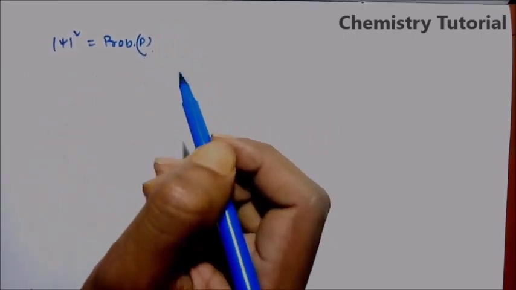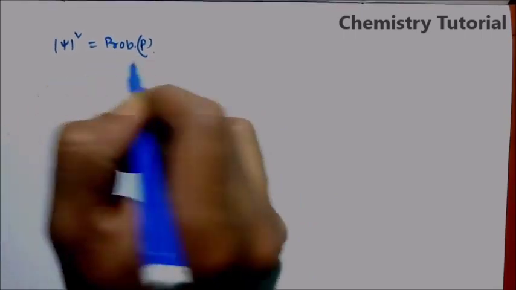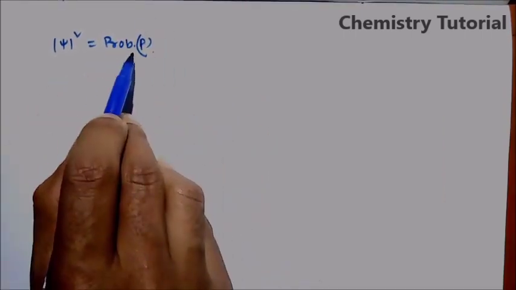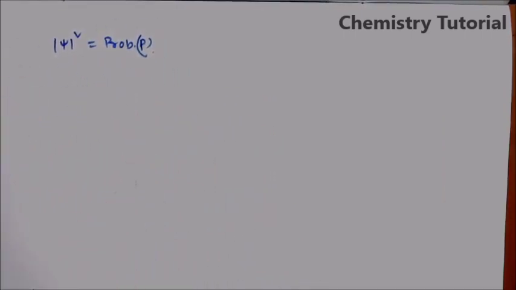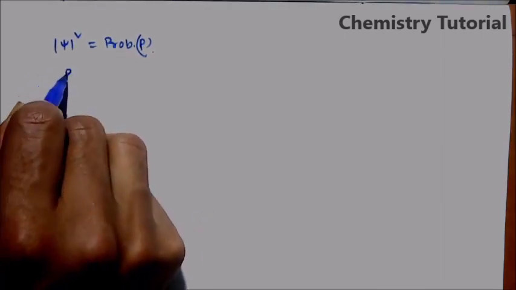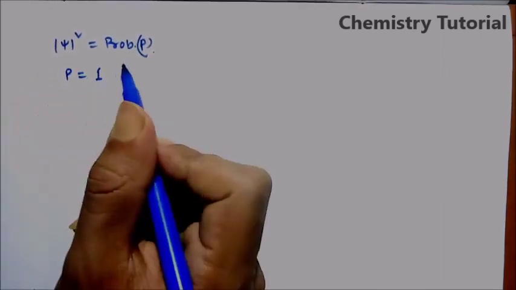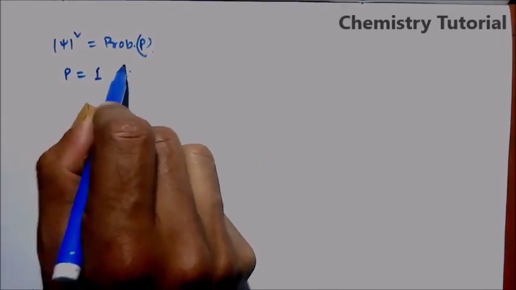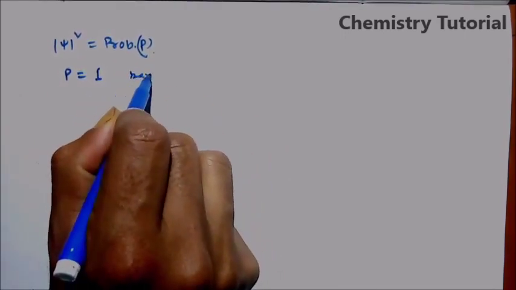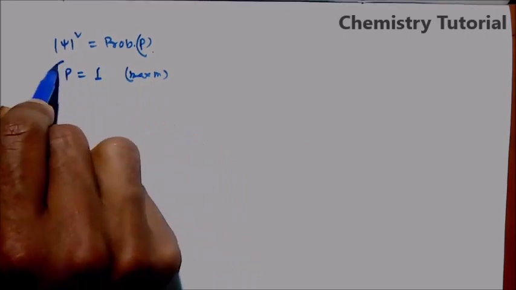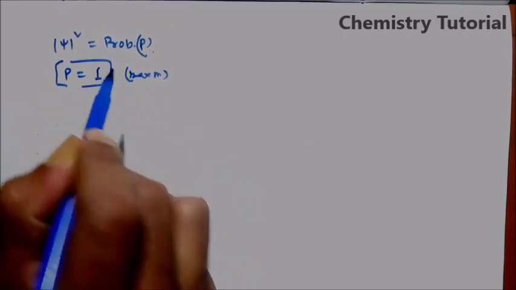This probability p will be 1 when the probability of finding the particle is maximum inside the box. For maximum probability, this condition has to be satisfied.